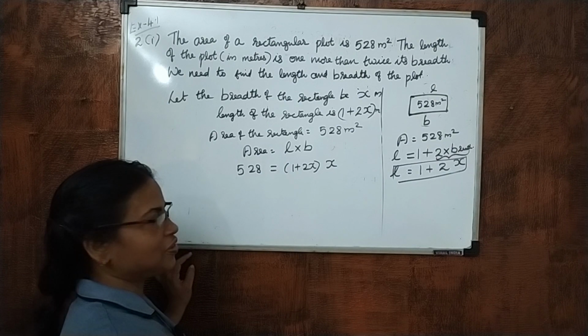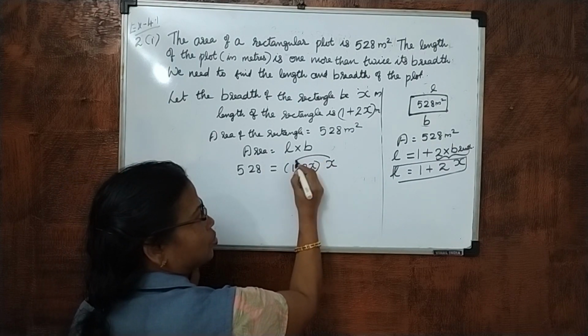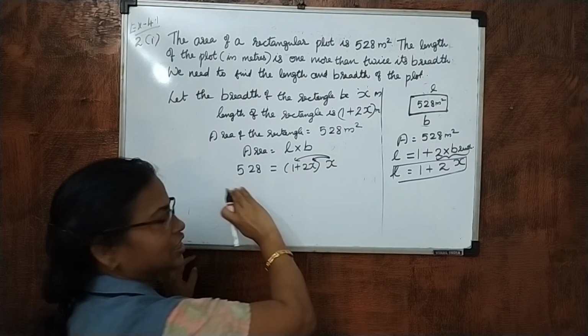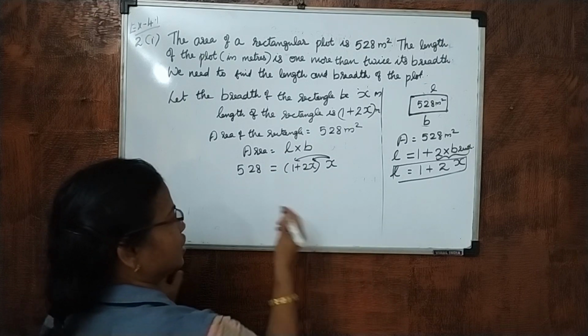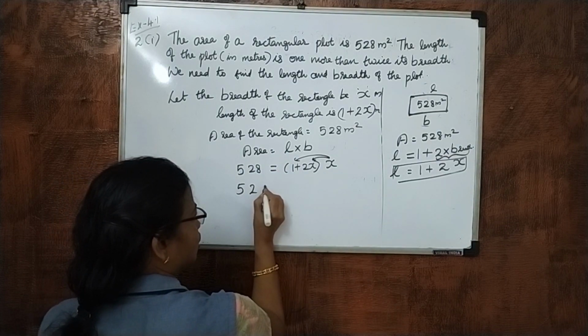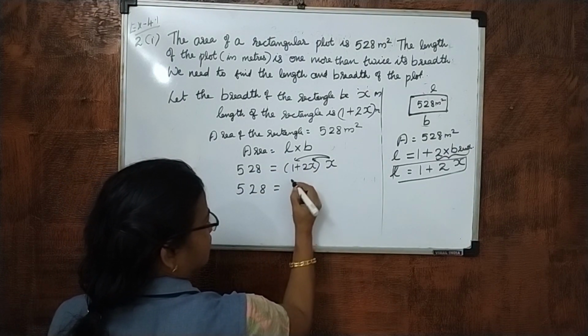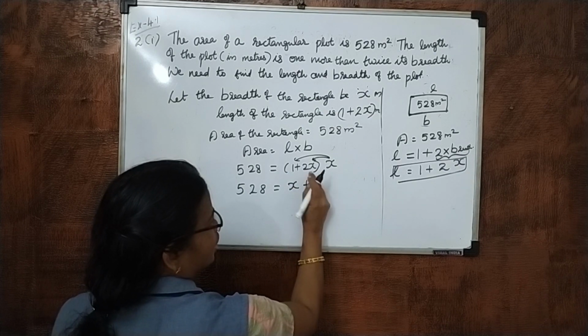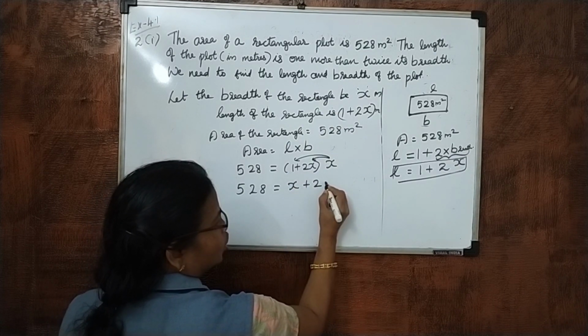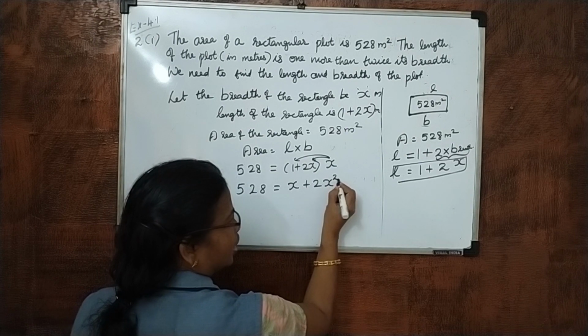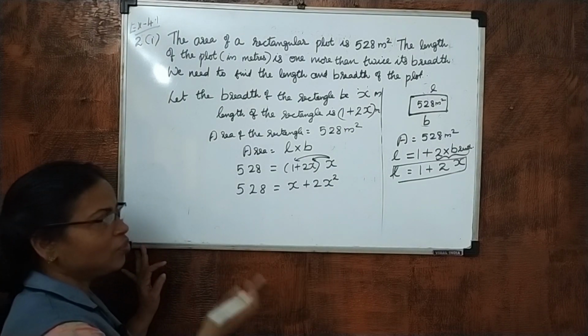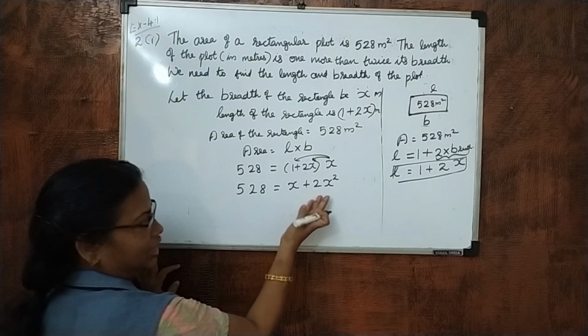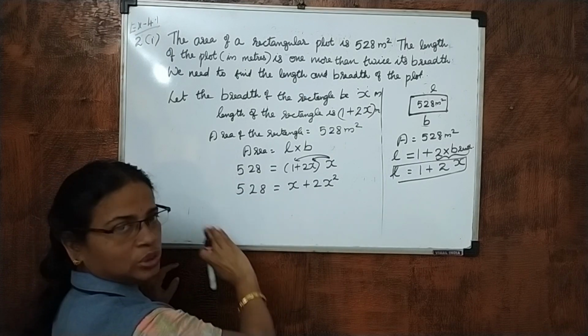Then how will you find the quadratic equation? Just remove the bracket, take this 528 to the other side. So it will be 528 equals x into 1, which is x, plus 2x into x, which is 2x square. Okay, now we can write in order. Take these two terms to this side.